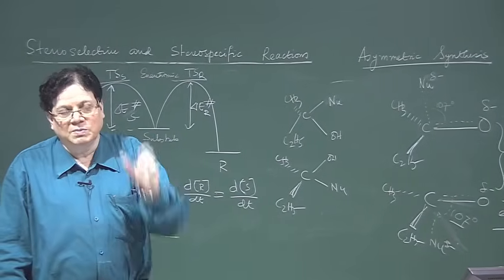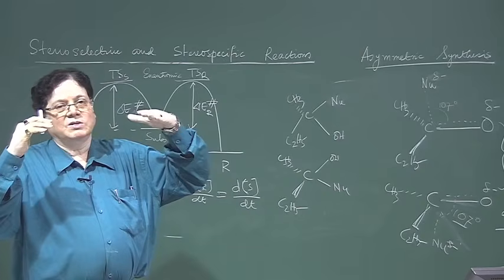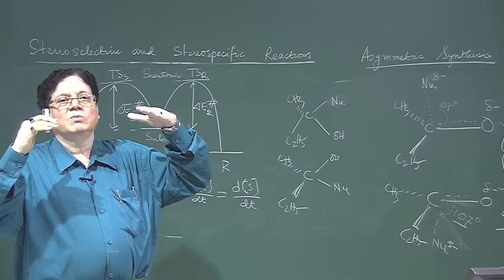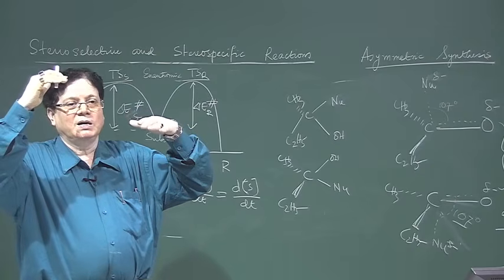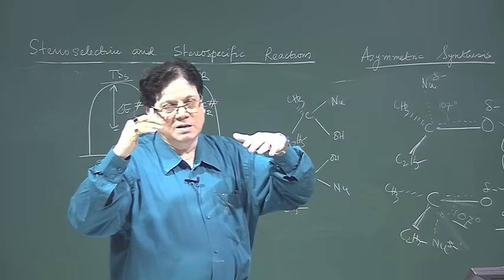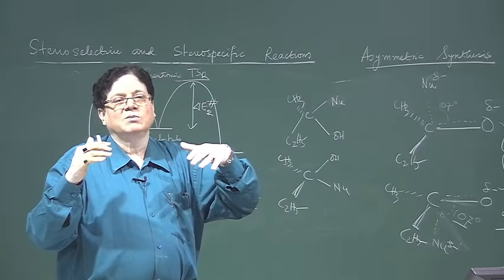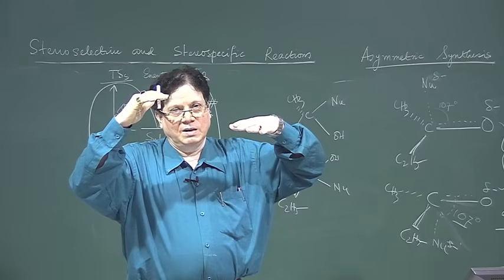That is the principle: the transition states cannot be enantiomeric, they have to be diastereomeric, and diastereomers have different energy. Diastereomers are not mirror images, that is why they are called diastereomers, and they have different energy levels.